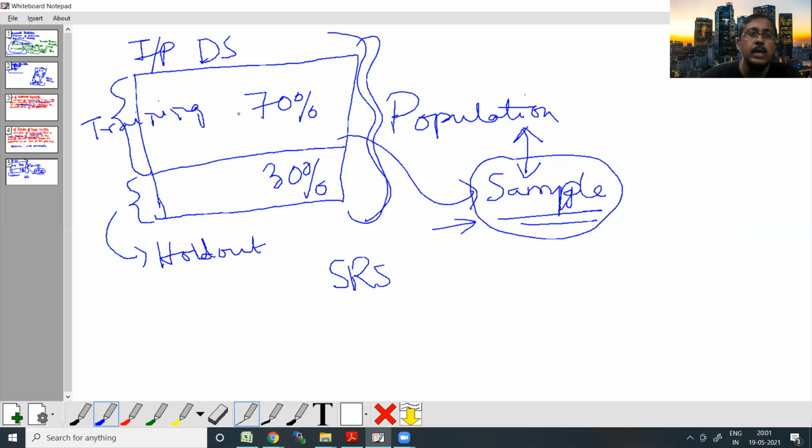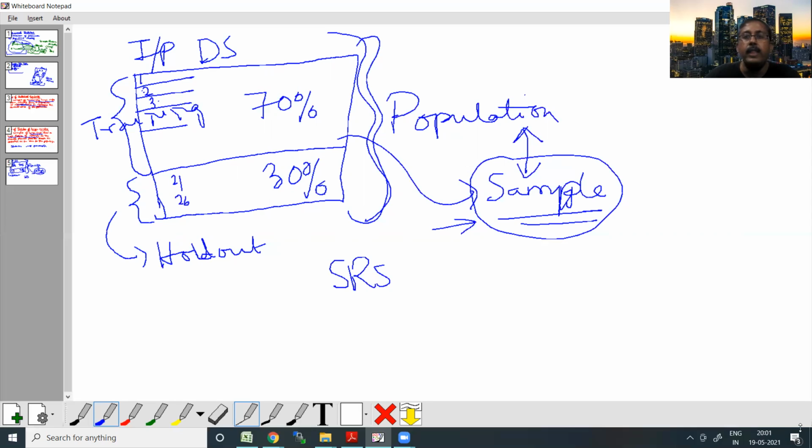How can I do that? Say there are multiple rows here, and each of these rows I can give a serial number: 1, 2, 3, and so on, all the serial numbers, say 21, 26, like this.